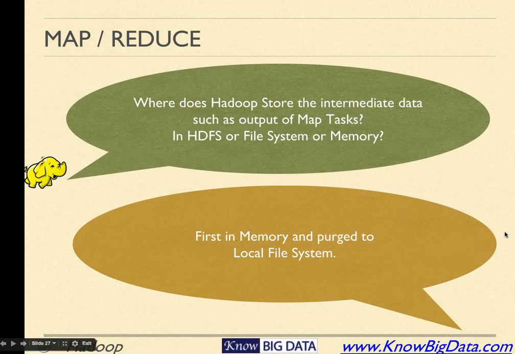On one hand, your mapper is spitting out key values all the time, and Hadoop is collecting these key values. When Hadoop collects a batch of key values, it will keep on pushing them into disk.